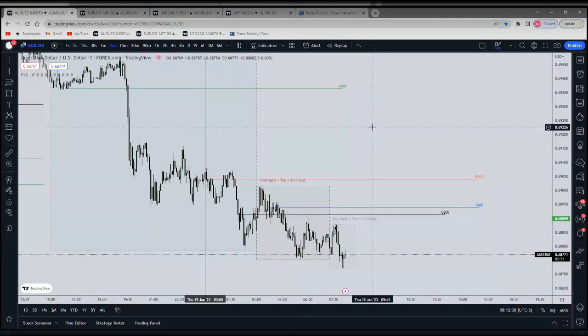So what I can see right off the bat is that price has continuously taken sell-side liquidity, leaving all this buy-side liquidity open for it to be taken.